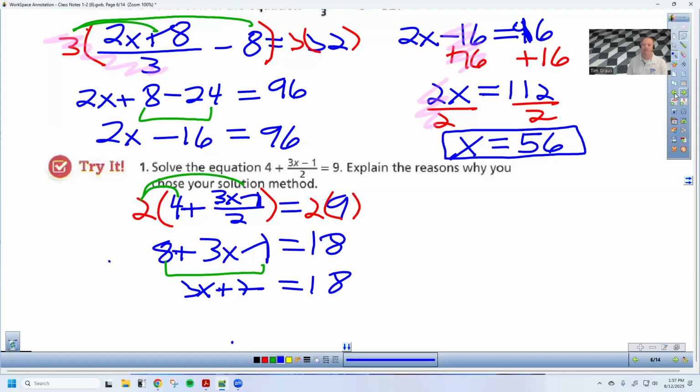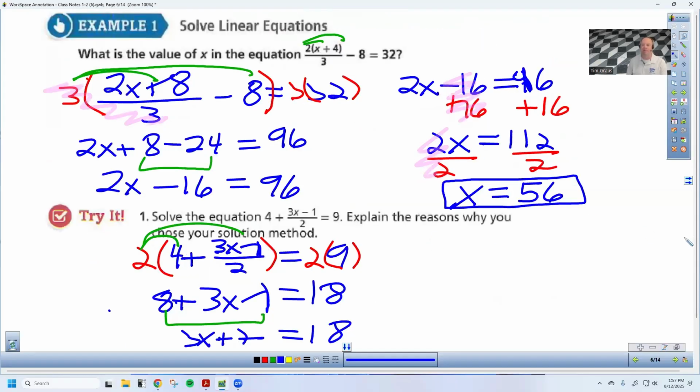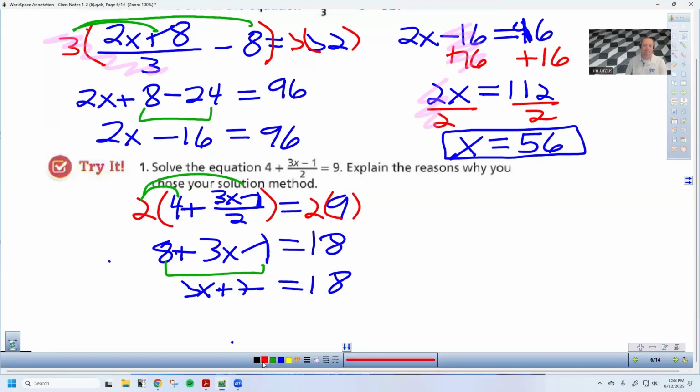Now there's a number being added on the same side as the variable term. So I'm going to subtract 7 from both sides to clear that. Minus 7 on this side, minus 7 on this side. Now I have 3x equal to 11.